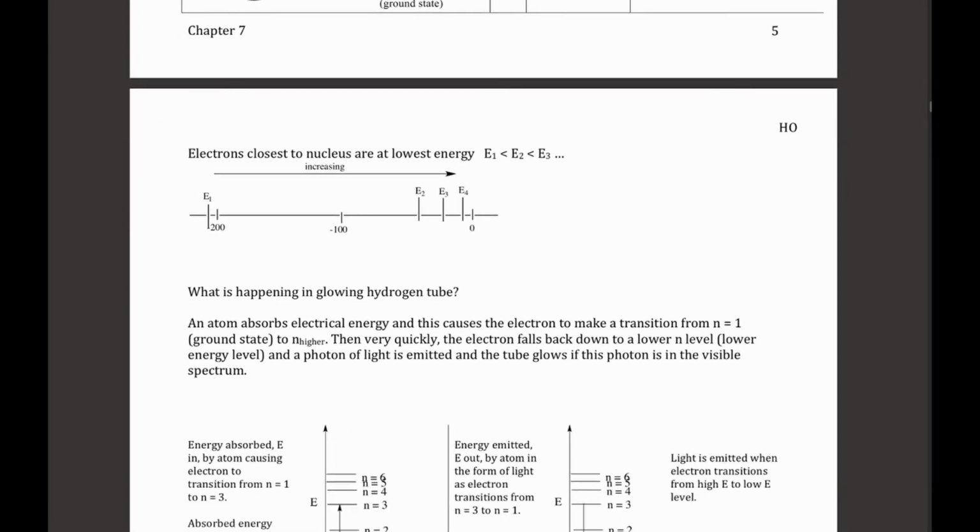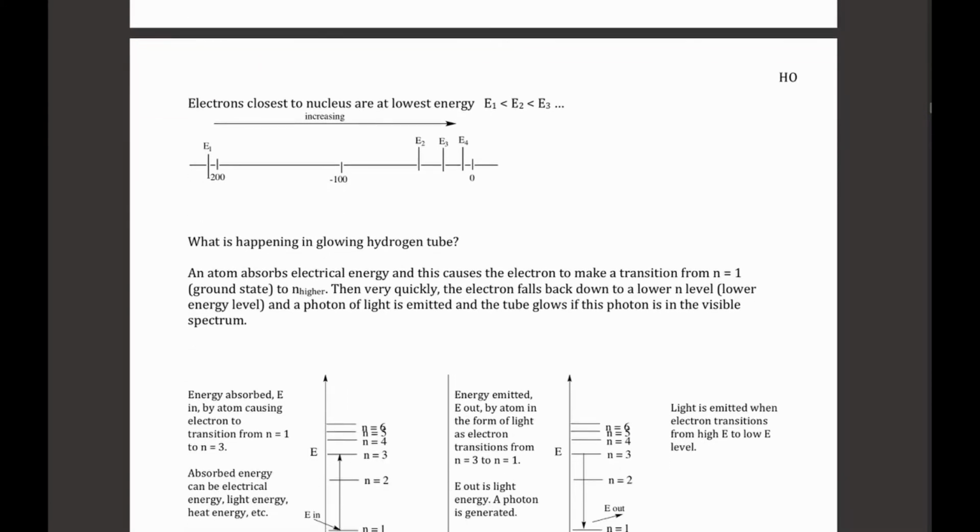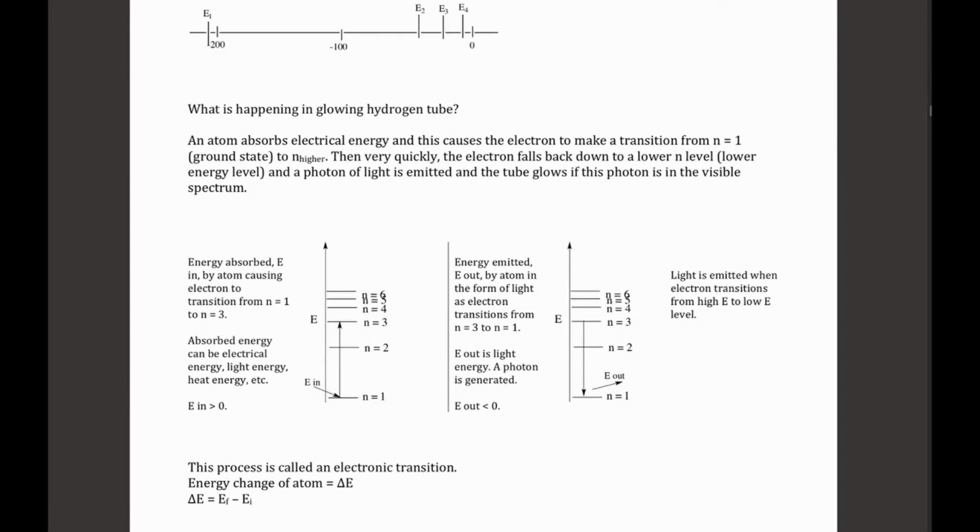So when we plug in our hydrogen tube, or we could say the same for when we plug in and turn on our fluorescent light bulb tube, what's happening is, in the hydrogen tube, we have, of course, hydrogen with 1 proton, 1 electron. An atom absorbs the electrical energy.